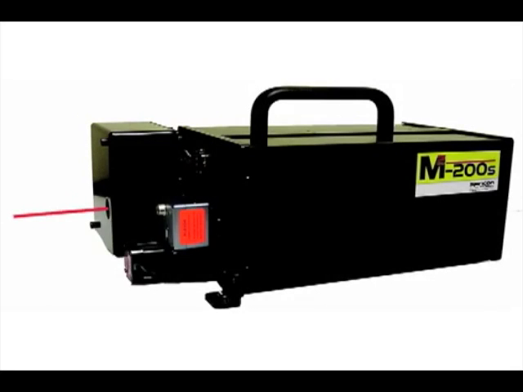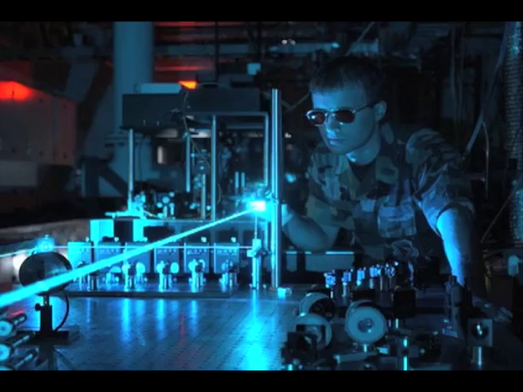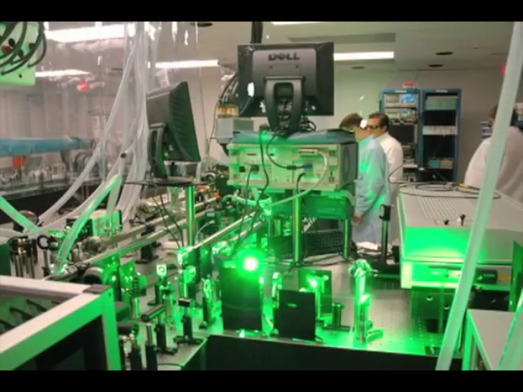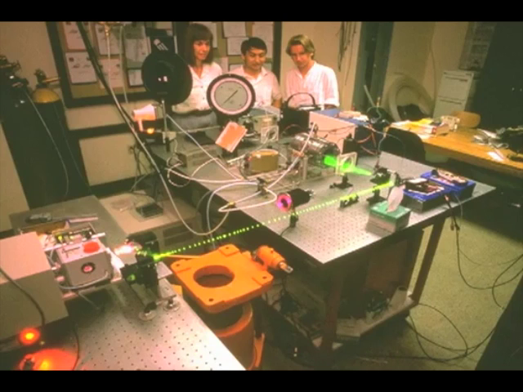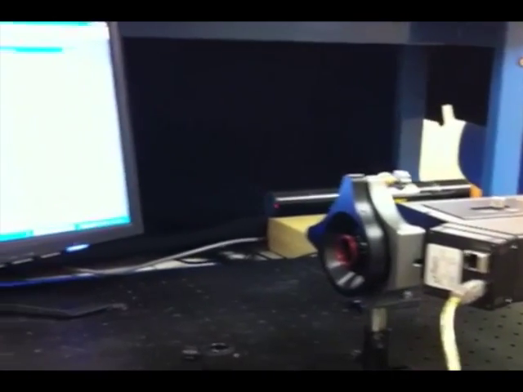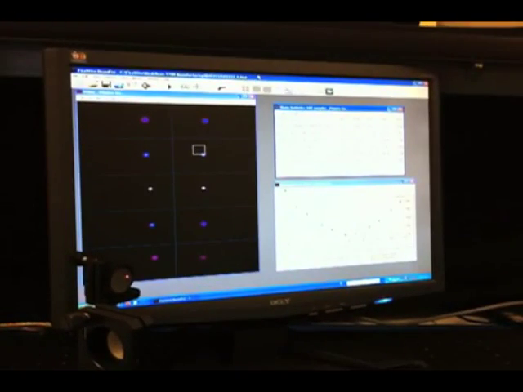The Spiricon M²200S allows laser researchers, laser manufacturers, and high-volume laser purchasers to ensure their lasers are the highest quality possible. The Photon MS1780 provides accurate high-speed m² measurements most often needed in a production environment.